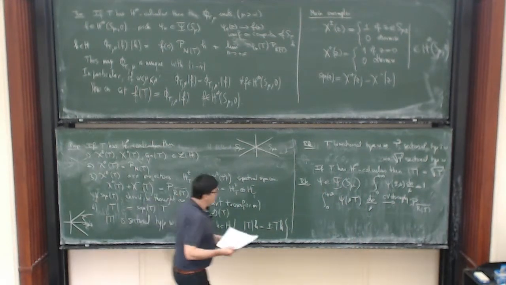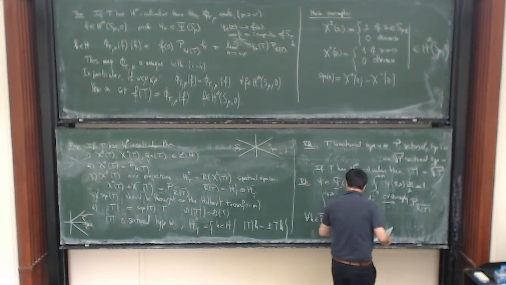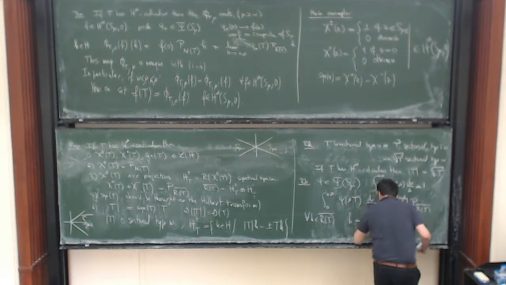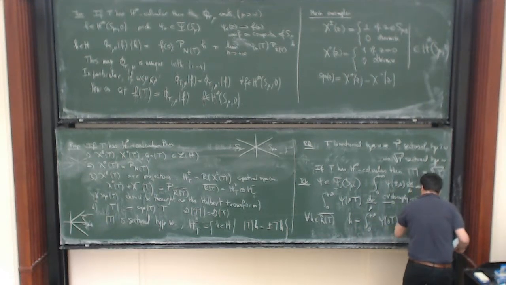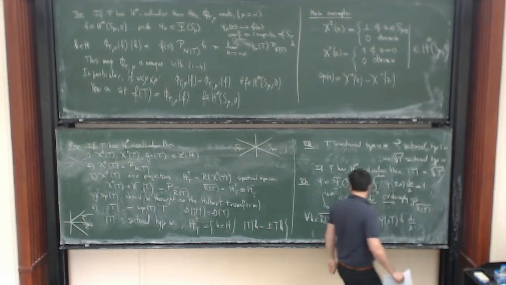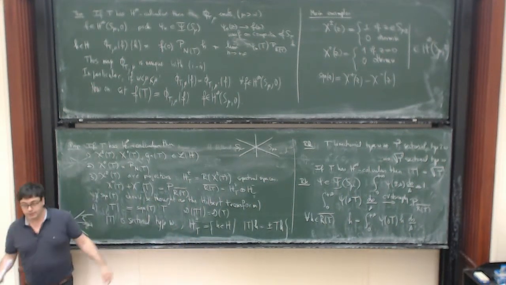So in other words, for any H in the range, I am able to represent H by a converging integral of this type. And of course, this is a Calderon reproducing formula in this context.